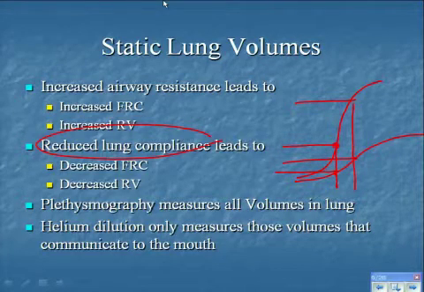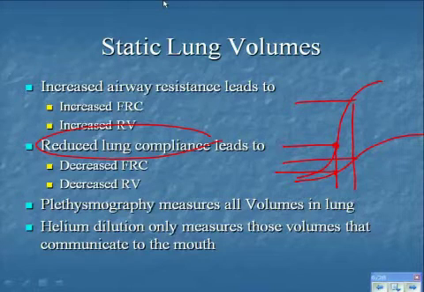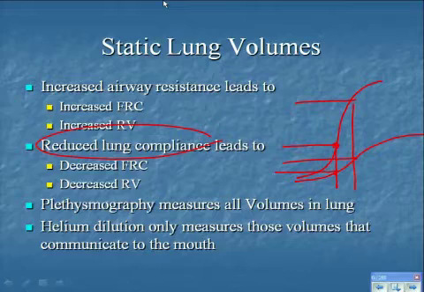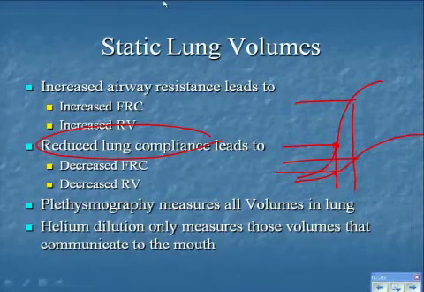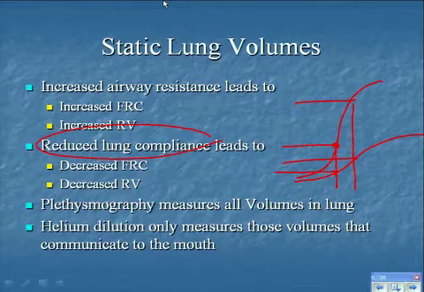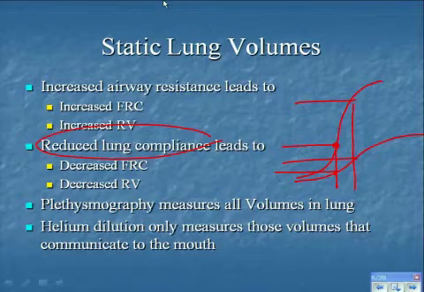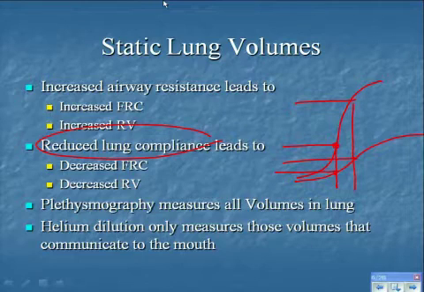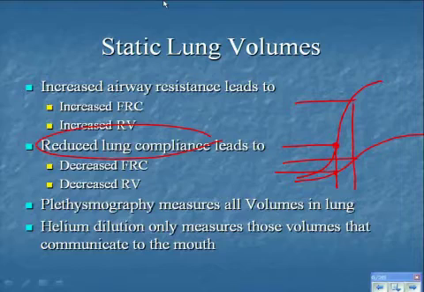Spirometry measures only expiratory reserve volume, inspiratory reserve volume, and tidal volume. The helium dilution test only measures those volumes that communicate to the mouth. So whatever is not communicating to the mouth, you will be fooled by. Consolidation or tumors impinging on a bronchiole will cause the helium dilution test to look normal, but it's not.